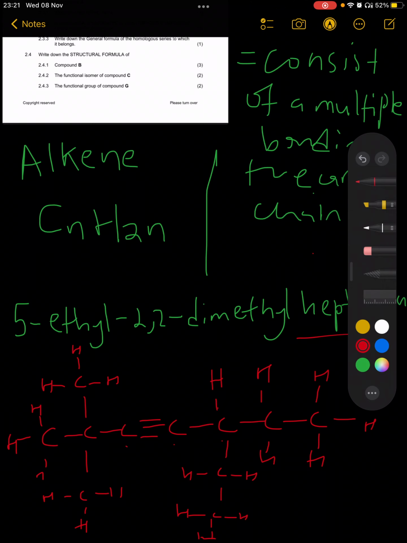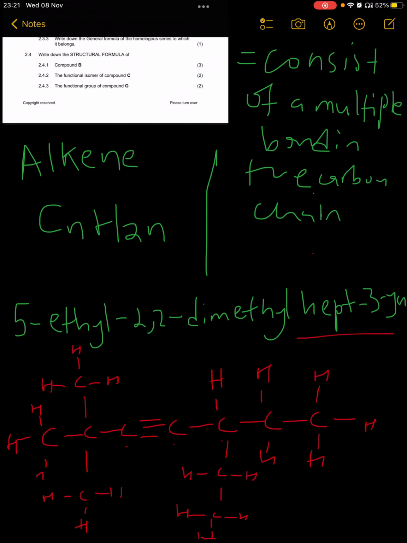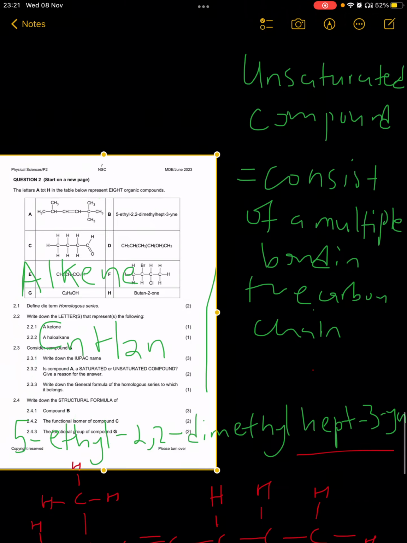Give the condensed structural formula for a functional isomer of compound C. Let's take this down.